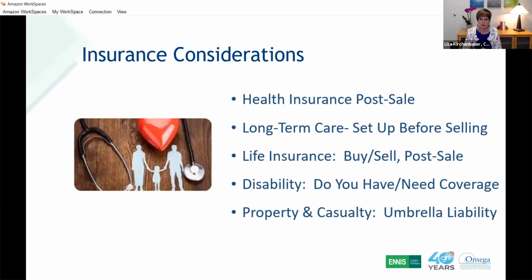Now your net worth has gone up exponentially. And you are much more exposed. If you got in a car accident, or one of your family members did, or maybe there was an accident at your home, somebody sues you, and now you are the deep pockets thanks to your business sale. So having increased umbrella liability coverage is really critical. And it's so easy to do, and it's really inexpensive for the protection, that buffer that it offers you.